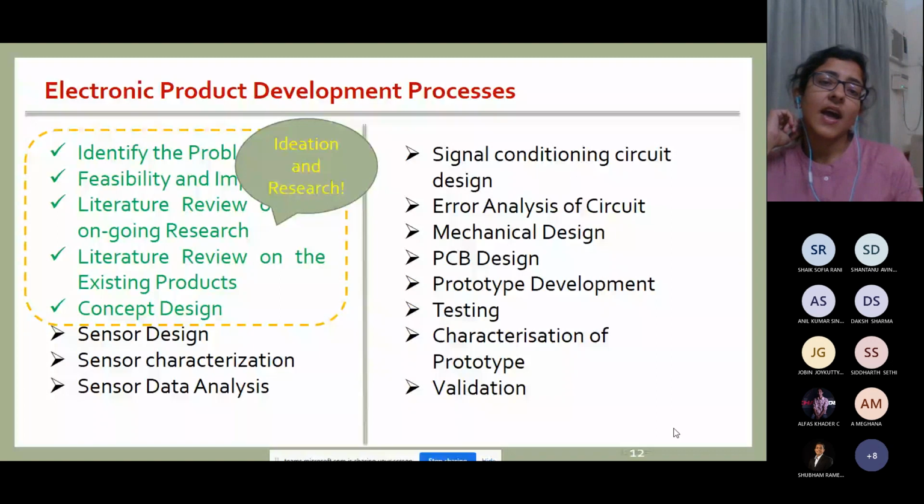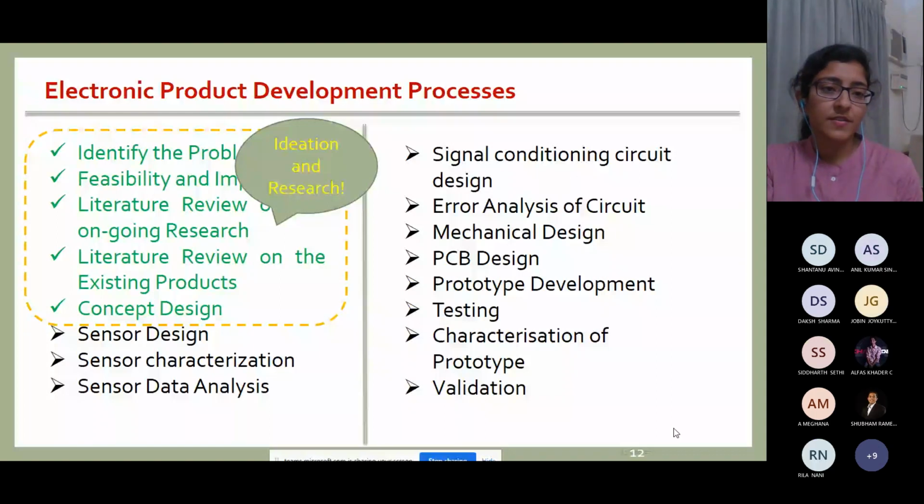After this, whenever we are talking about electronic products, there are some differences. Electronic products, we see everywhere in day-to-day life, different electronic products.